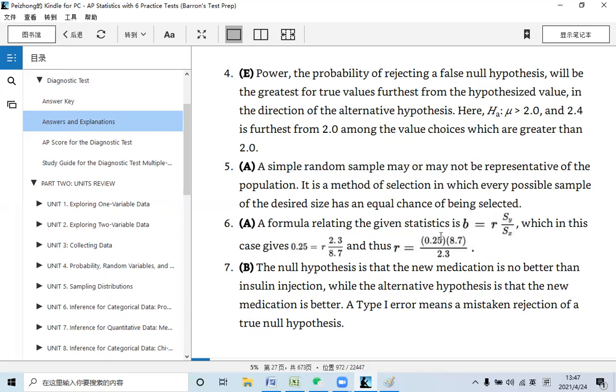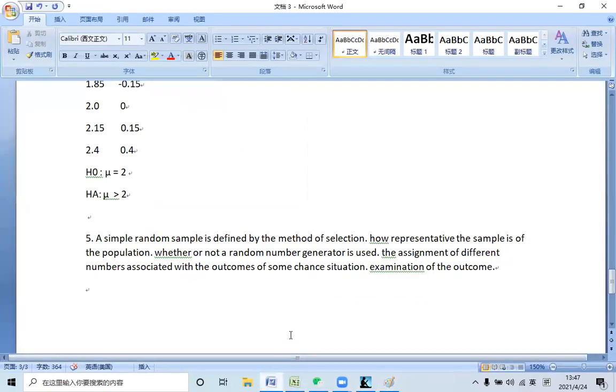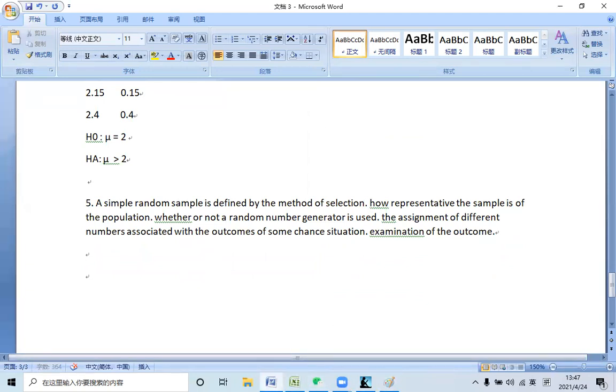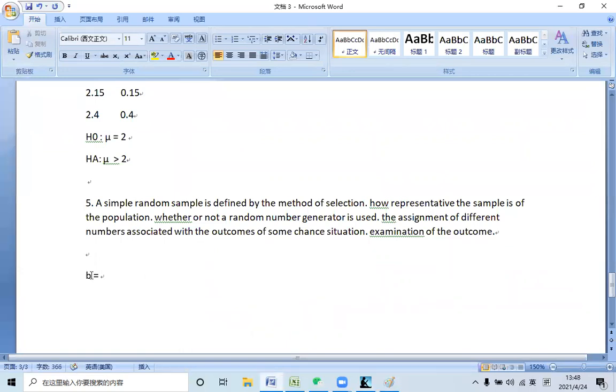The slope equals what? The standard deviation of S sub y divided by S sub x.